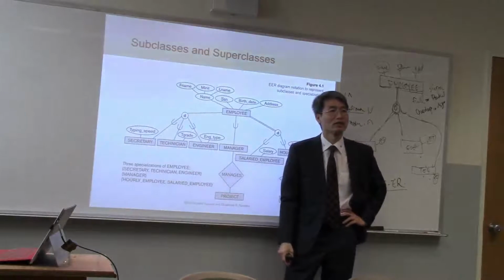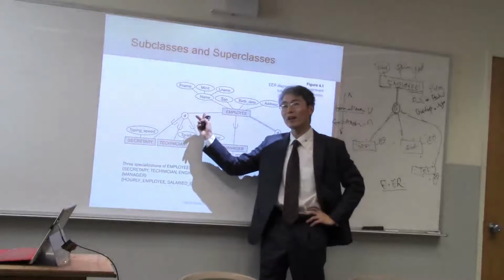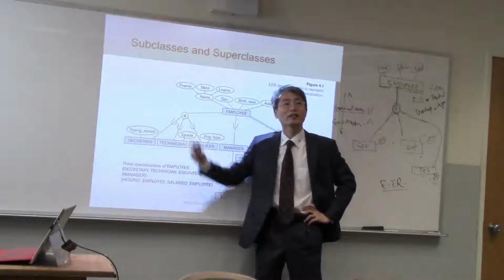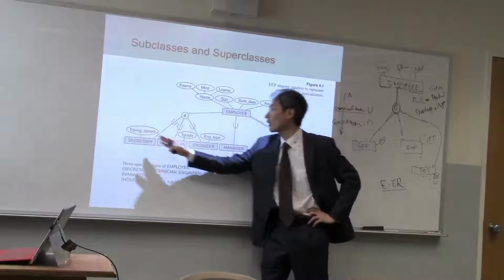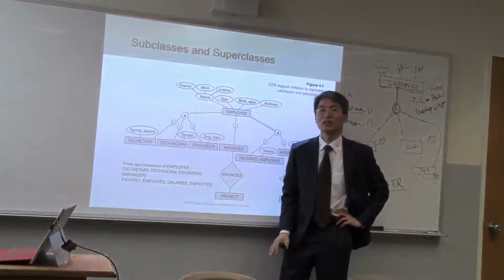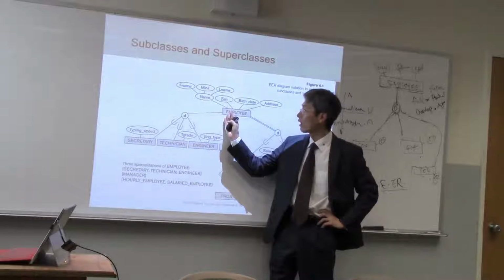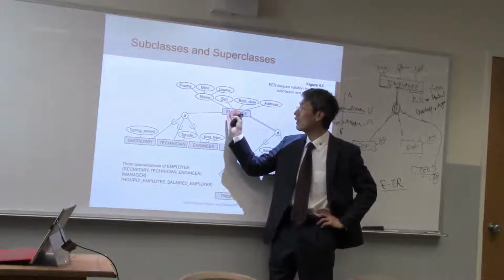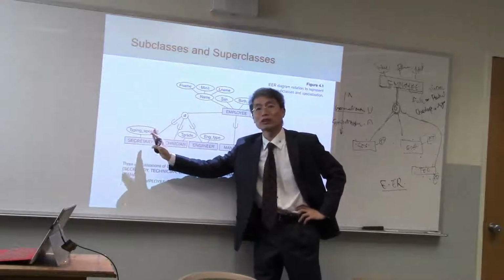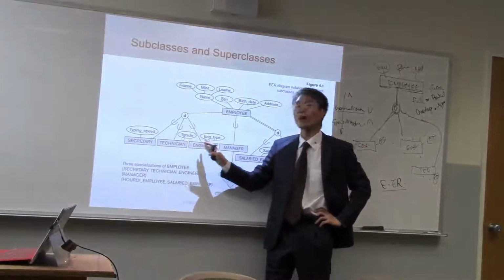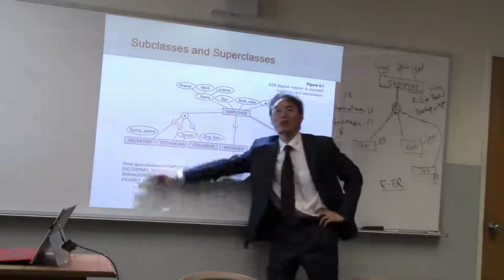This is a partial participation and disjoint, which means there might be employees who are in none of these. If the employee is one of these, then it should be secretary, technician, or engineer, or none of these.